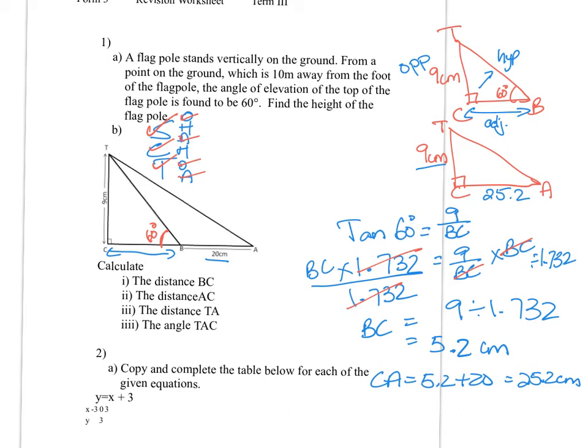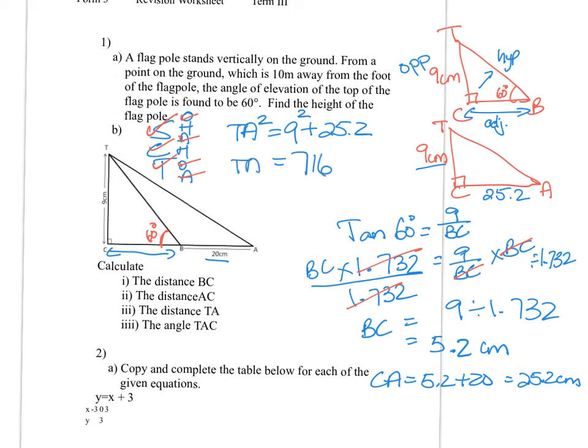We can use Pythagoras theorem: TA squared is equal to 9 squared plus 25.2 squared, which adds up to 716.